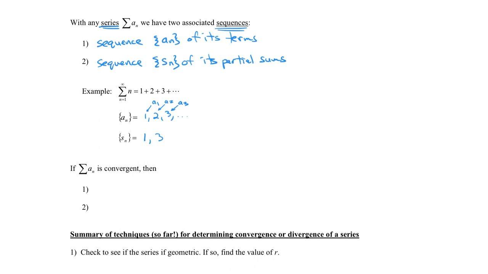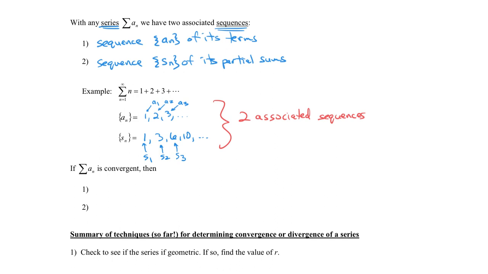Add the first 3 terms, I get 6. And you just keep on going. So this would be like S sub 1, S sub 2, S sub 3, and so forth. These are the two associated sequences to this series here. Okay, and that happens for all of them.